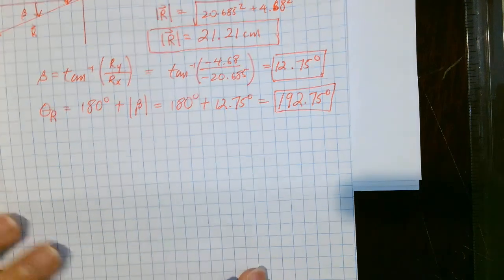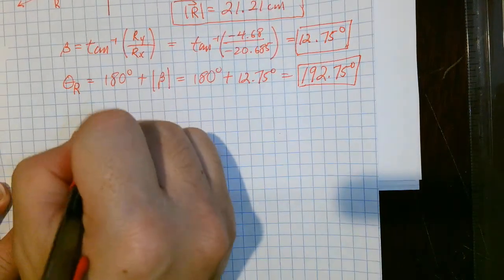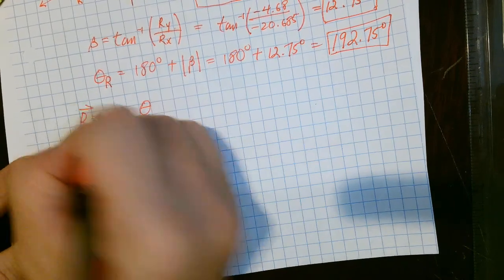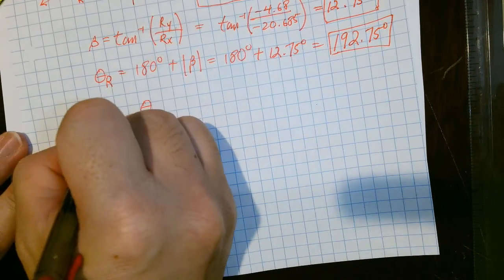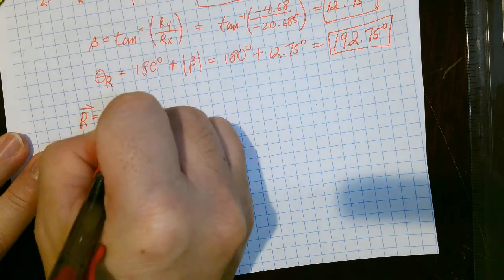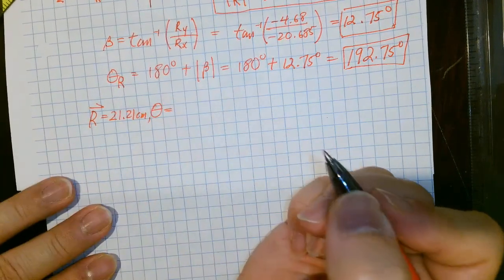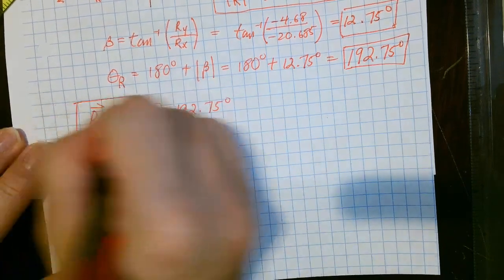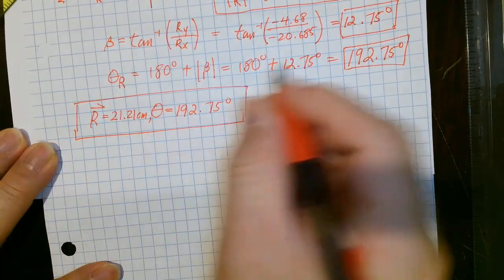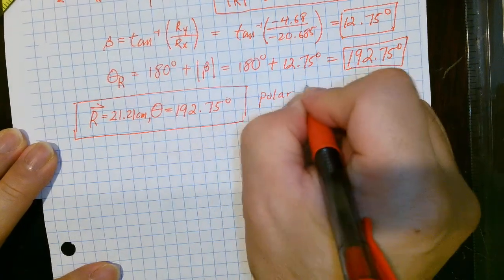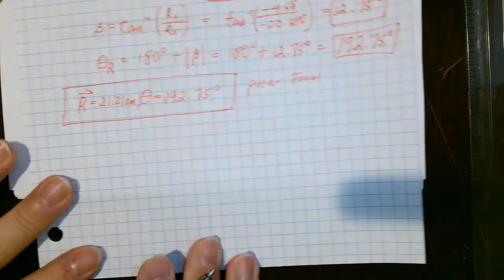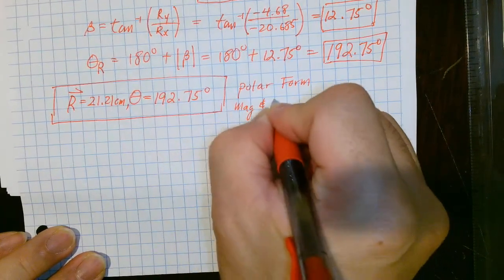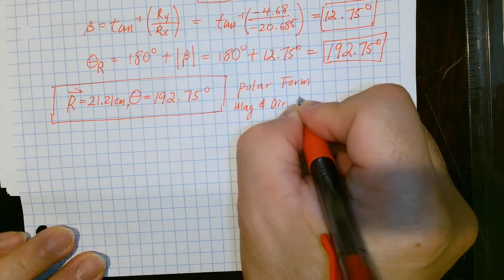Now I have both ingredients for my R, which is 21.21 centimeters, comma, theta is equal to 192.75 degrees, as my polar form, or the magnitude and direction form.